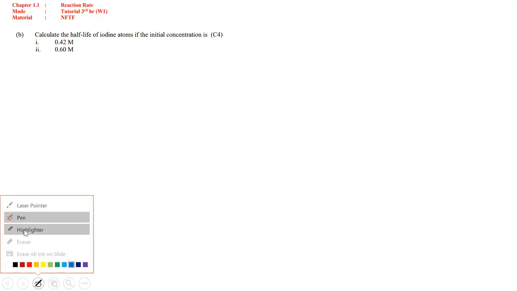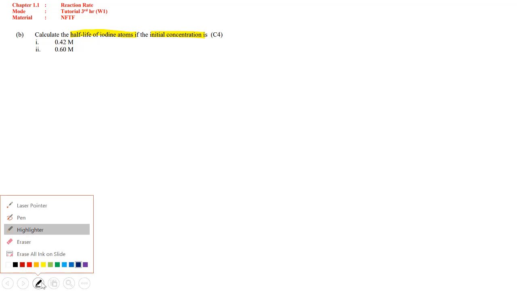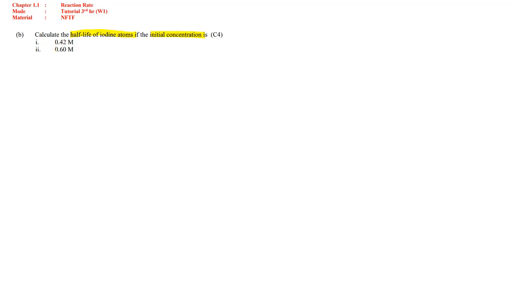Alright. Non-face to face. Question 2B, the question asks you about half-life. Half-life of iodine atoms if the initial concentration diberikan dalam soalan. Okay, first of all, you kena tahu apakah formula half-life bagi second order.